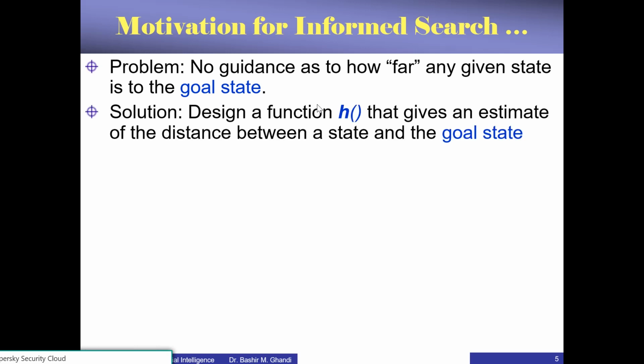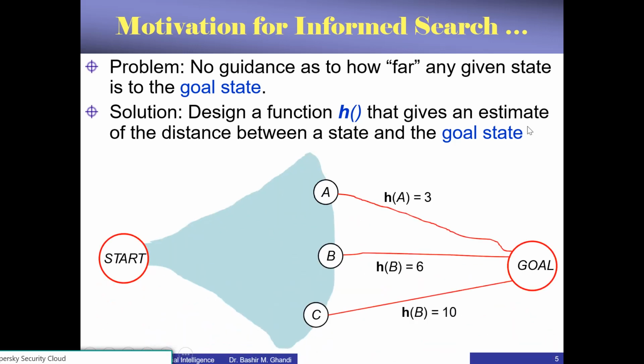Therefore, a good solution might be to design another function, call it h, that will give an estimate of the distance between a particular state and the goal state, shown in this diagram. Wouldn't it be nice if we know from the current state how much it will cost to the goal state? An estimate, not necessarily the actual cost.